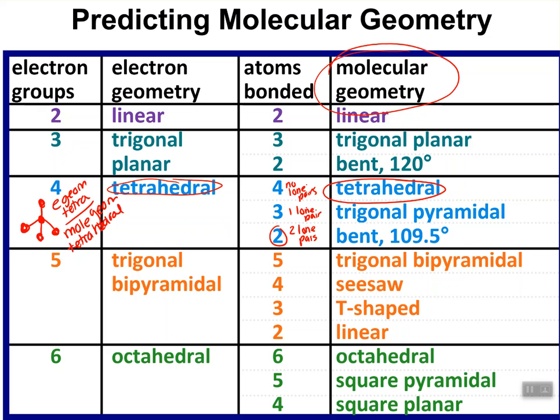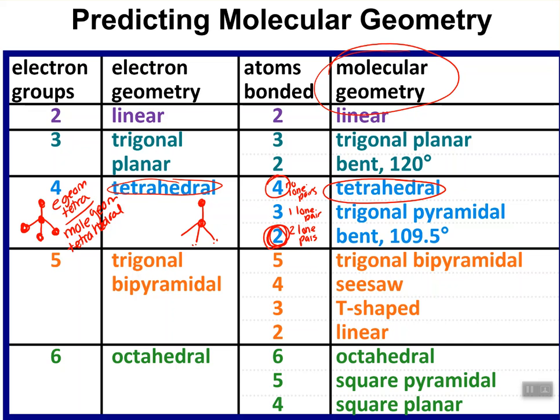Okay, but that's with 4. What if there are only 2 attached? Let's just do 2. So the electrons will be in the same arrangement in this tetrahedron, but now 2 of those places will have lone pairs. So I'm going to put my lone pairs here and here. Doesn't matter where I do it, it's just going to be easier to see the name.